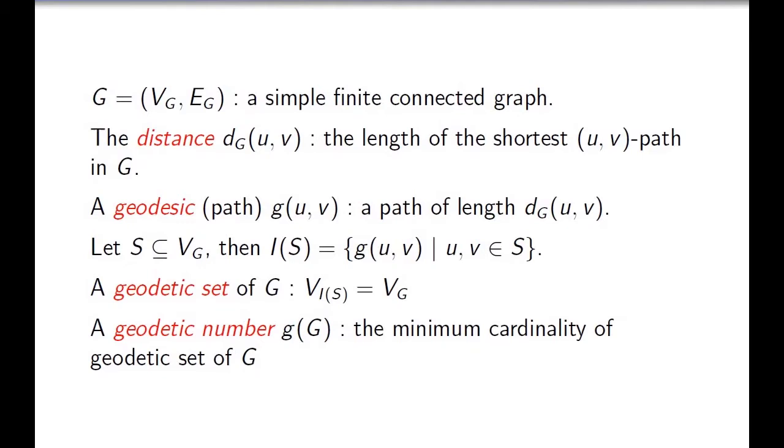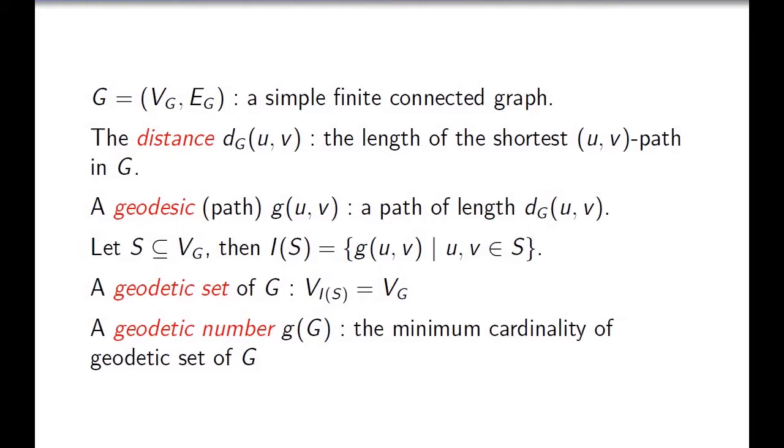First, let me introduce some basic definitions. For some graph G, the distance d between two vertices u and v is the length of the shortest uv path. A geodesic is any path of length d.